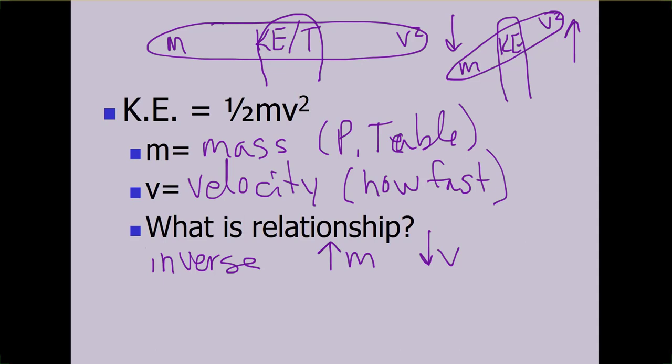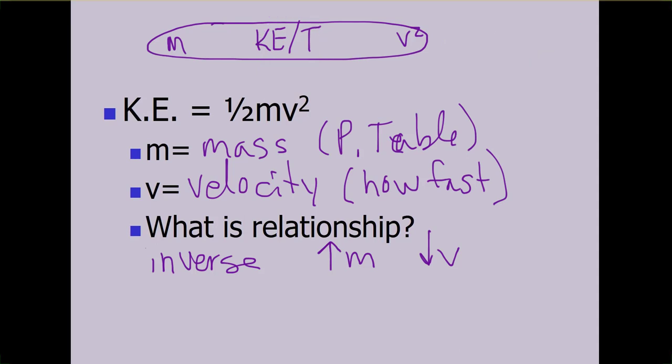We can also do the same thing with looking at the relationship between kinetic energy and mass or kinetic energy and velocity. So this is a direct relationship between kinetic energy and mass and between kinetic energy and velocity. So using your popsicle stick, this time let's keep the mass the same.